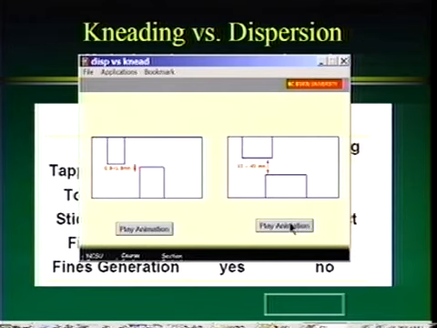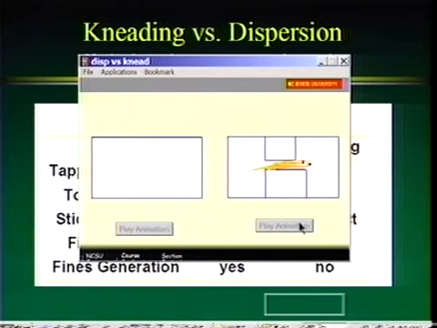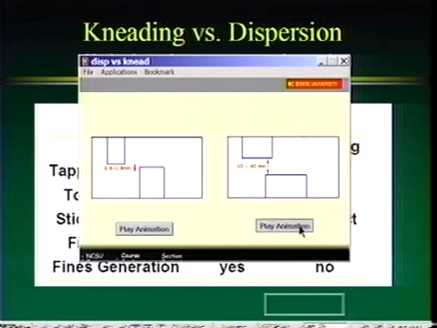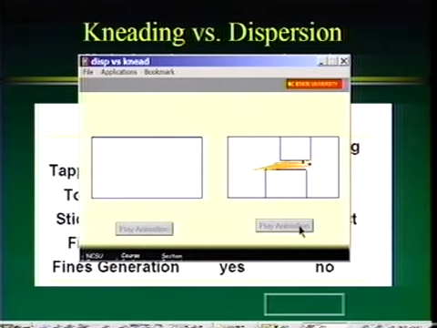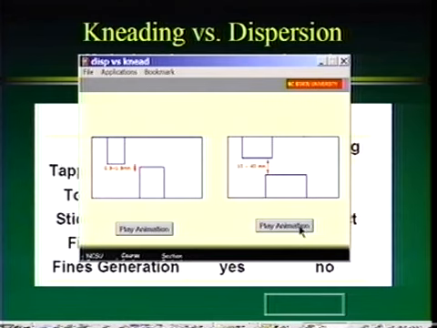What I'm also showing here is a flock of yellow fibers, and it's that flock of yellow fibers that applies the mechanical action to the contaminants.